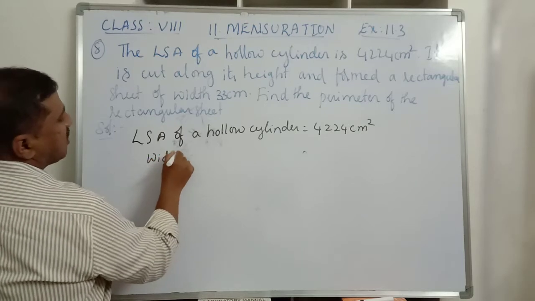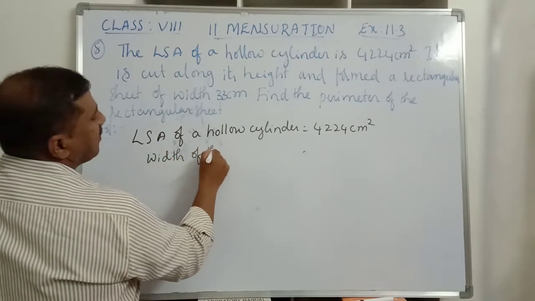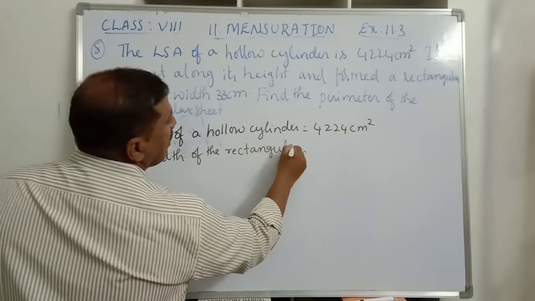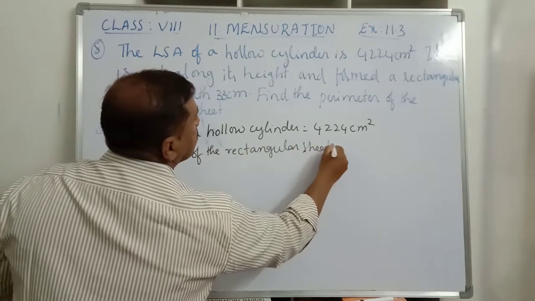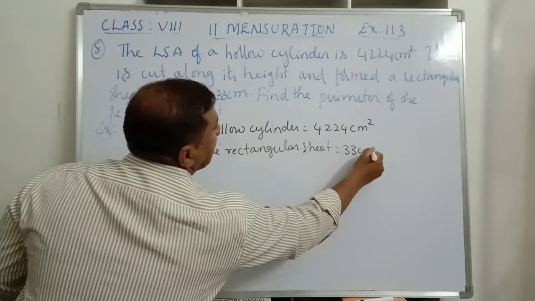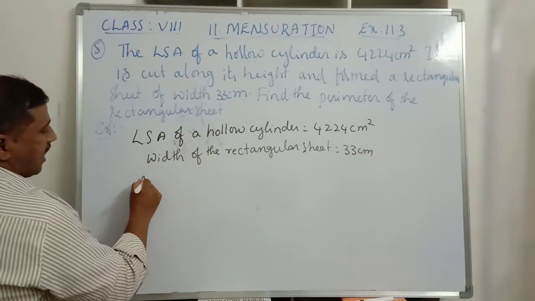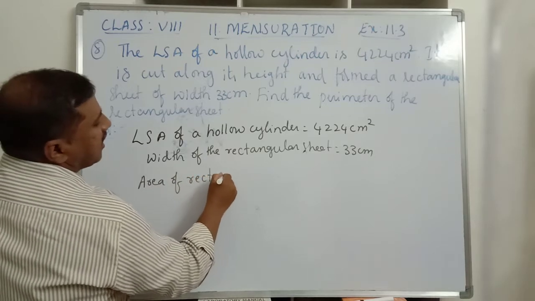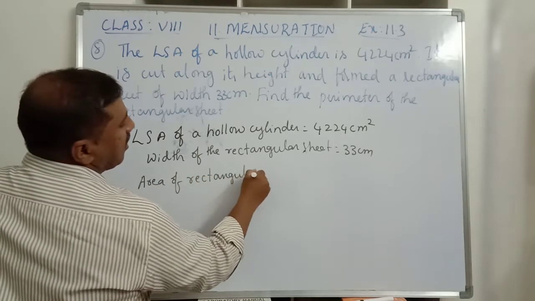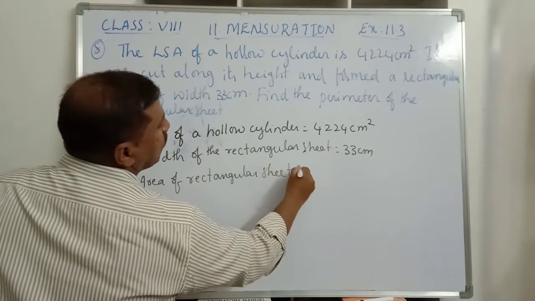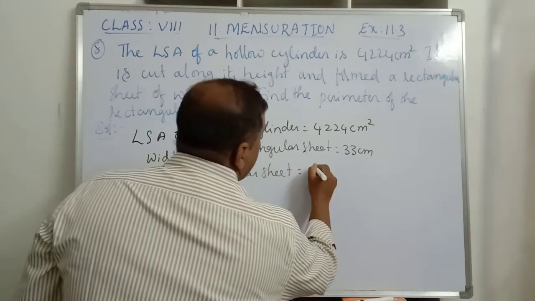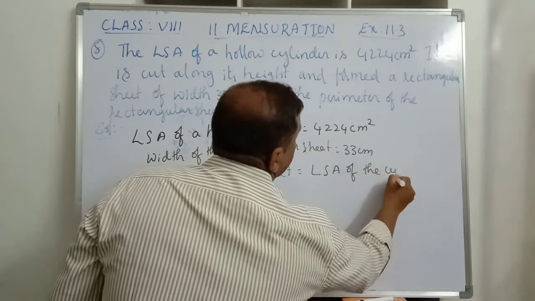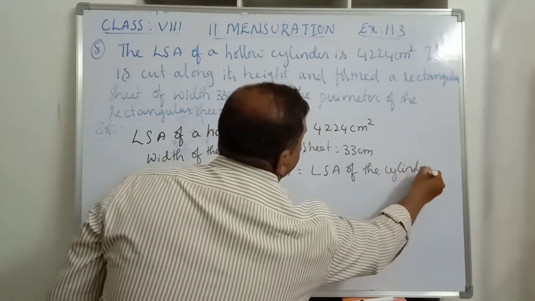The width of the rectangular sheet is 33 centimeters. Now the area of the rectangular sheet is equal to the LSA of the given cylinder.